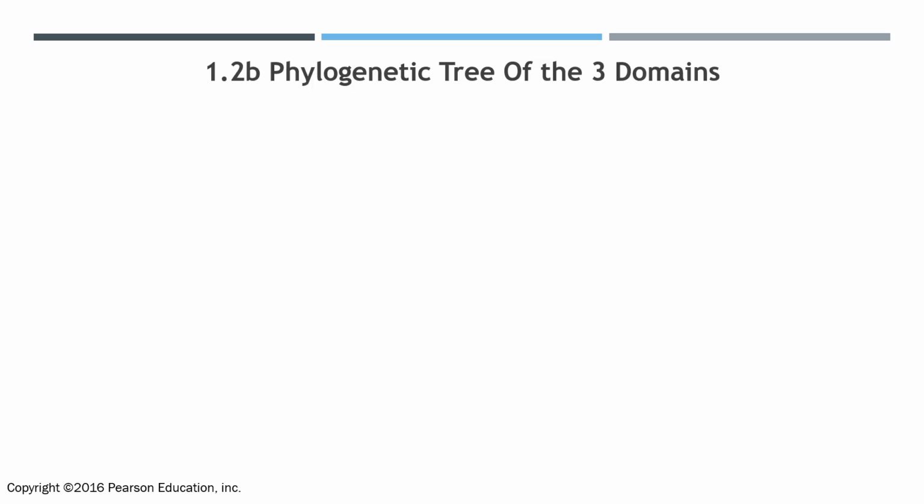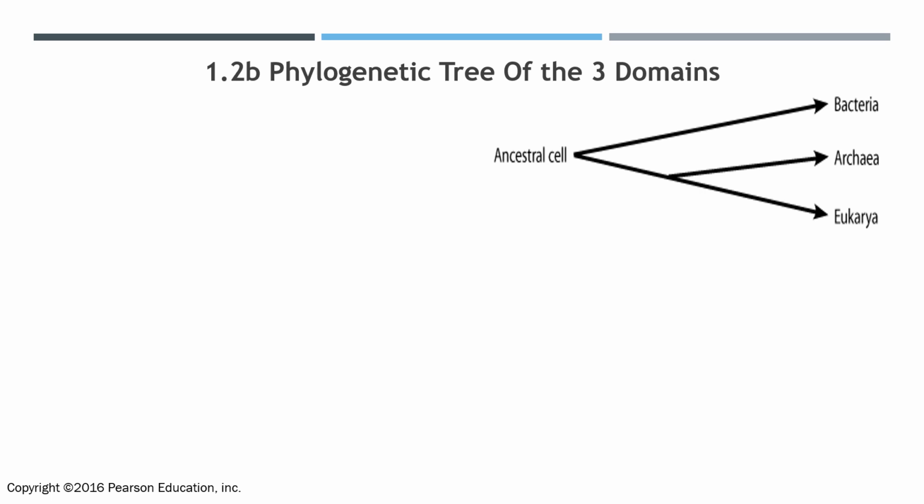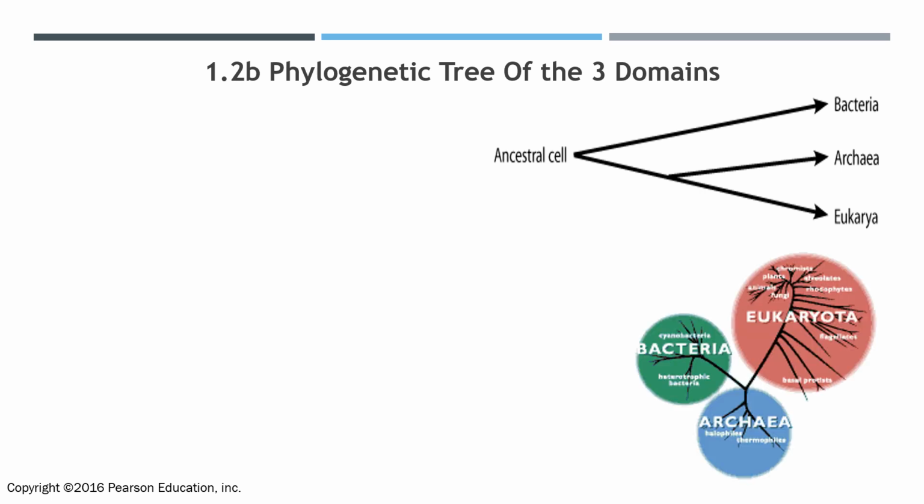So the key point here is that I want you to observe these two phylogenetic trees. This information is relatively new, in the sense that when I was at the university, they taught it in a different way. In the first phylogenetic tree, I want you to see how close bacteria are to archaea and how close archaea are to eukarya.